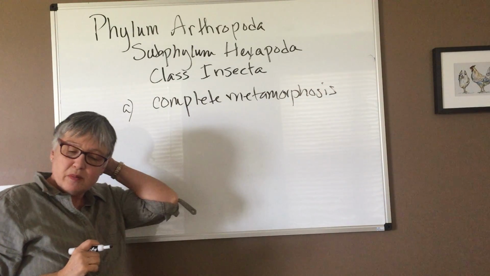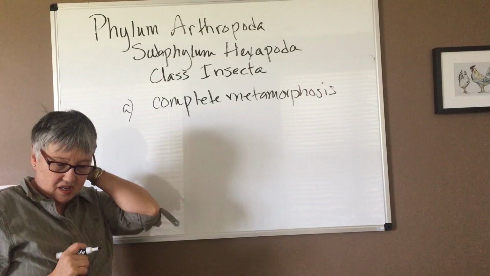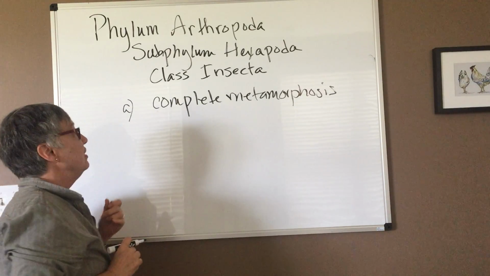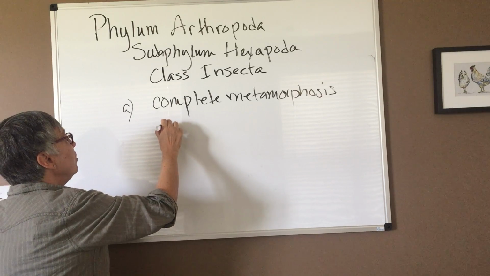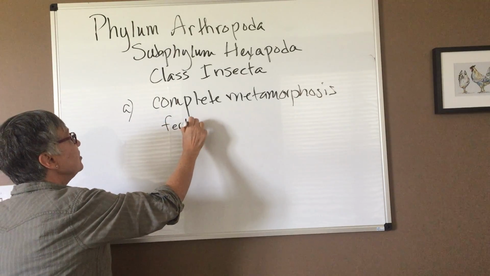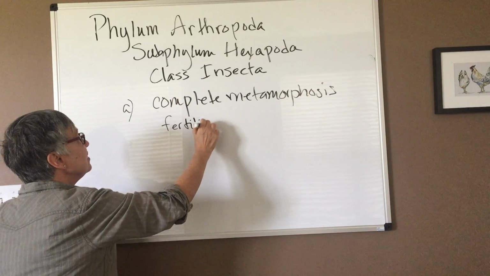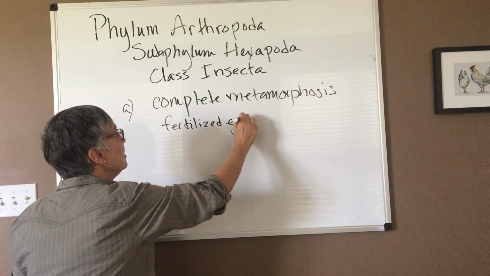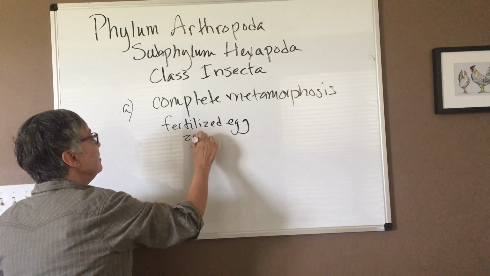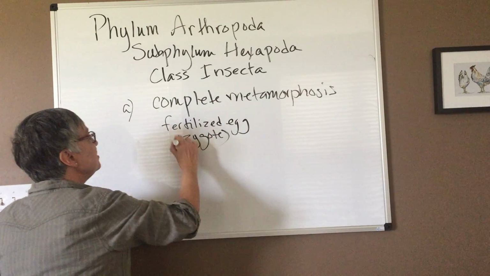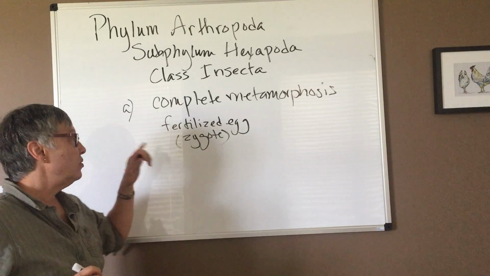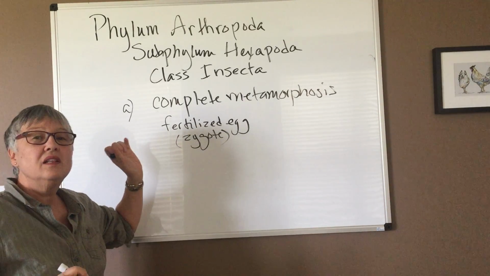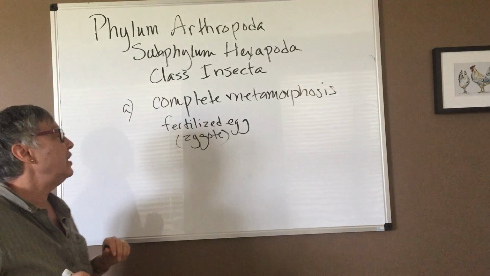Okay, complete metamorphosis involves a number of stages. We will start with what is often called the fertilized egg, which is truly called the zygote. So it's a diploid organism, single cell initially, that's formed by the union of egg and sperm.